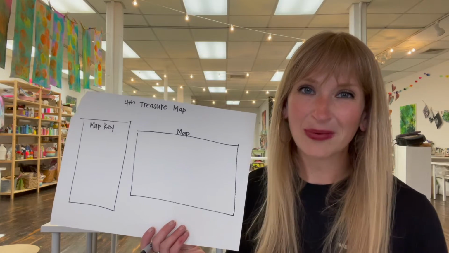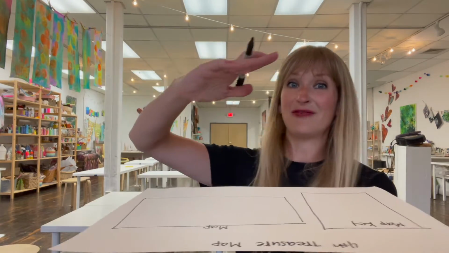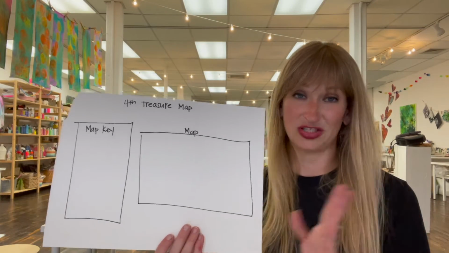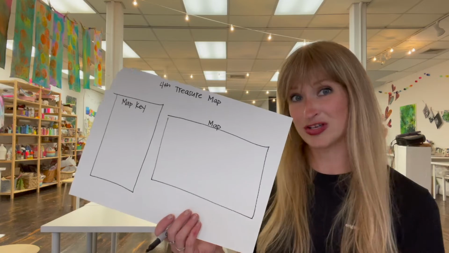As you're drawing your map, I really want you to draw it from a bird's eye view perspective, as if you're a bird flying over and looking down. You have tons of landforms that you could include in this treasure map.